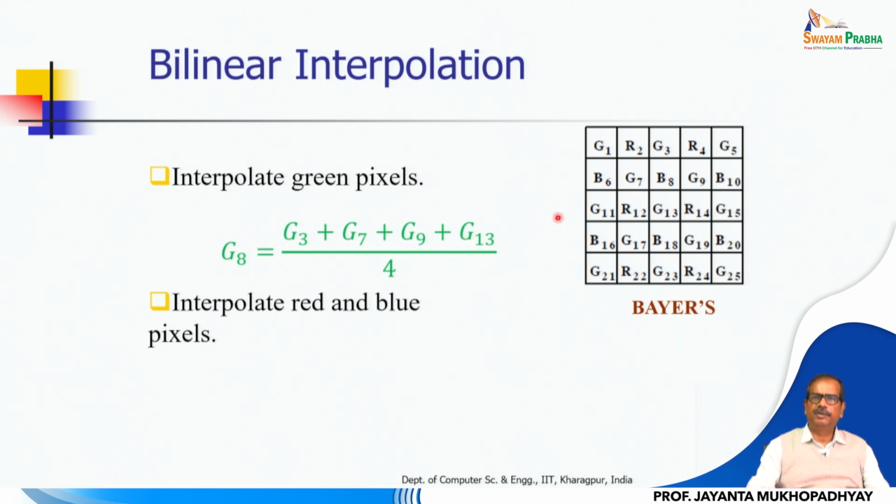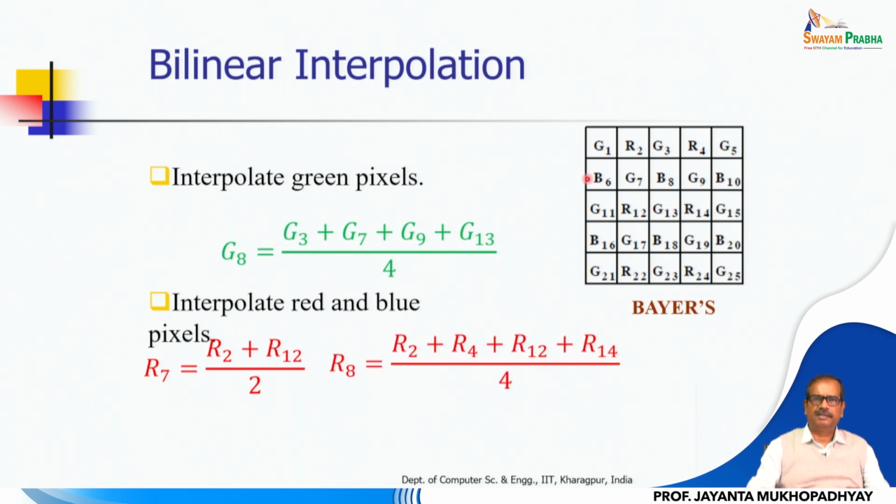Whereas for red and blue, you can consider positions like R7, I am just showing here. That means the cell number 7 here. In that location, when you are computing red, you have to take the 2 vertical neighbors, and for blue you have to take the horizontal neighbors. And this is the 8th location.